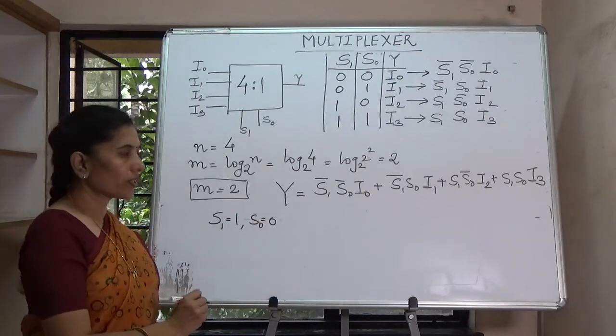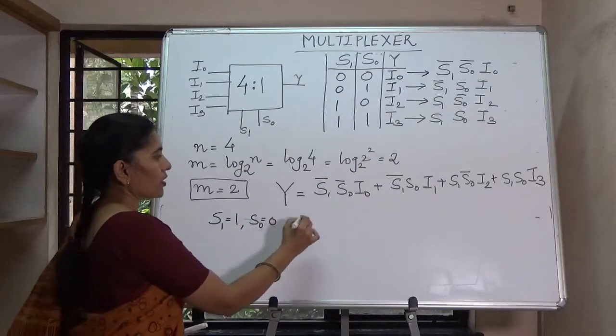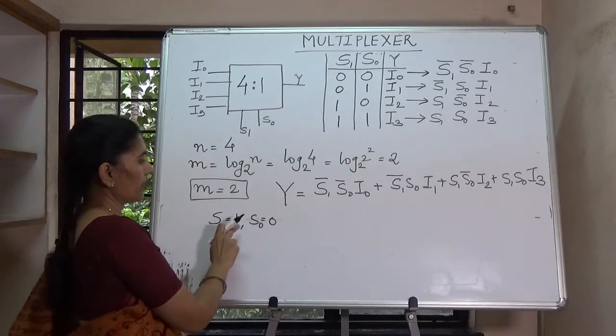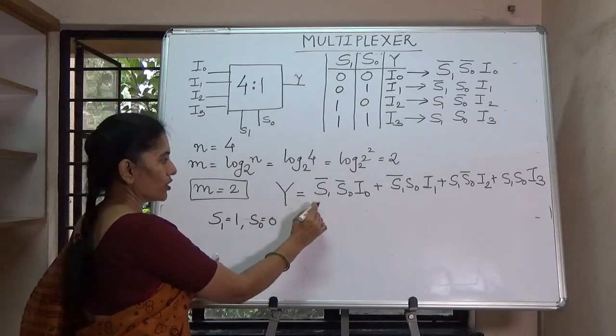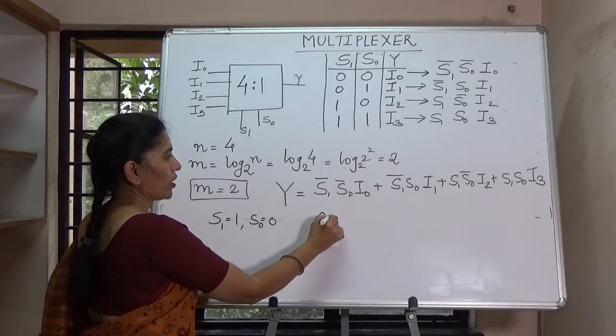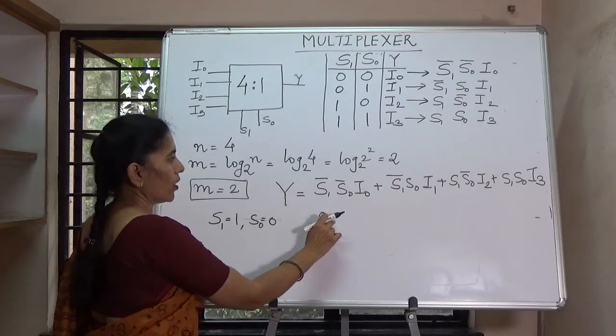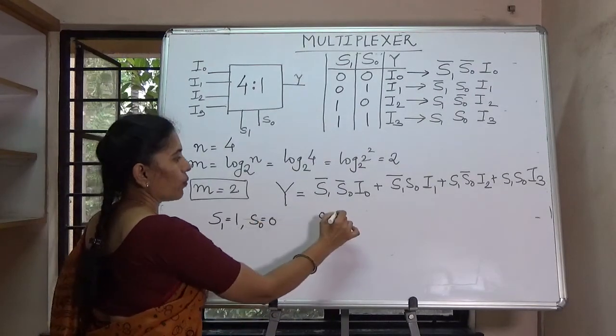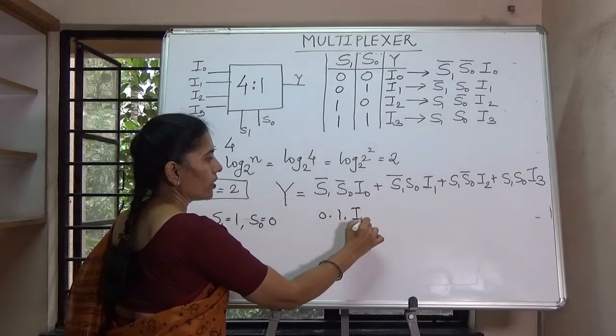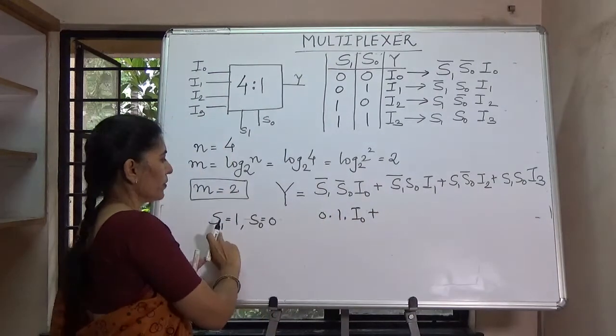So let us look at what the terms would be. In the first term, S1 is 1 and S0 is 0. So S1 bar will be a 0 dot S0 bar will be a 1 dot I0 plus S1 bar.